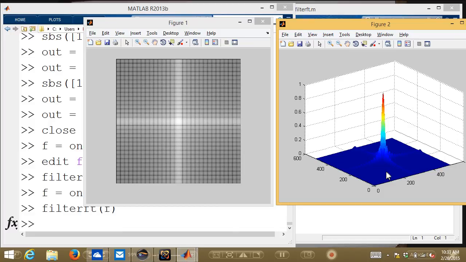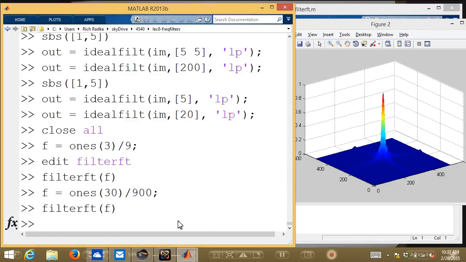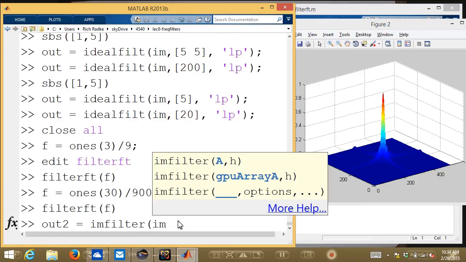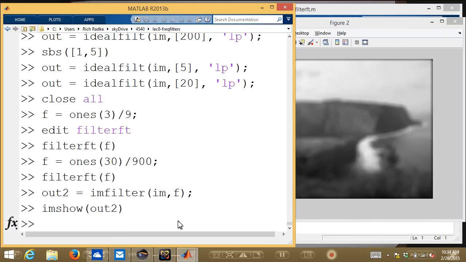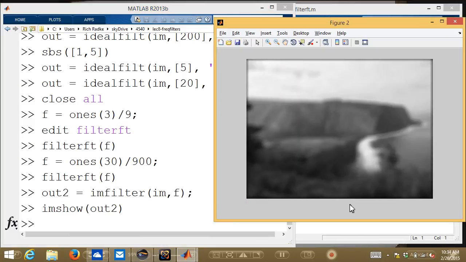So there's not that much happening where that ringing is occurring, so we don't see a visual artifact, right? So if I were to look at the image filtered by this guy, right?